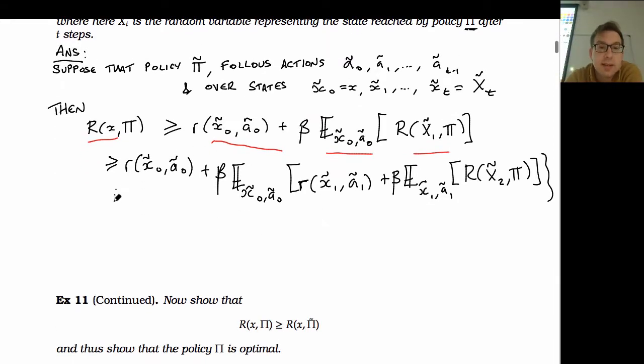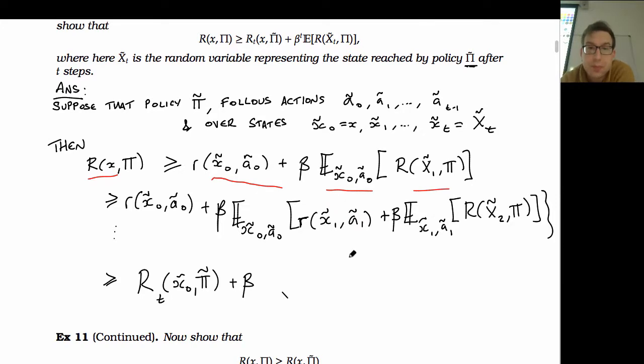So what I'm going to get here, if I keep substituting in, is the reward that I get from state x0 from following pi tilde for t steps, plus beta to the t, E of x 0 tilde, R of x tilde of t pi.